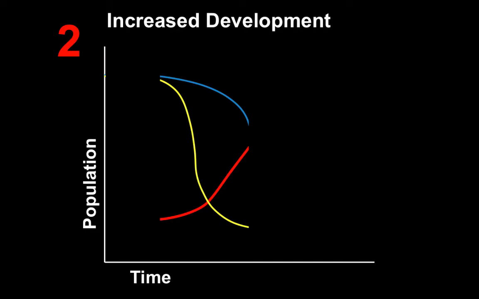Now in phase 2, some key things start to happen. We have an increase in our development. So we start to come about with some technologies, things like, during the Industrial Revolution. And so the key thing that occurs is the death rate, as a result of these technologies and medical advancements and things like that, drops significantly.